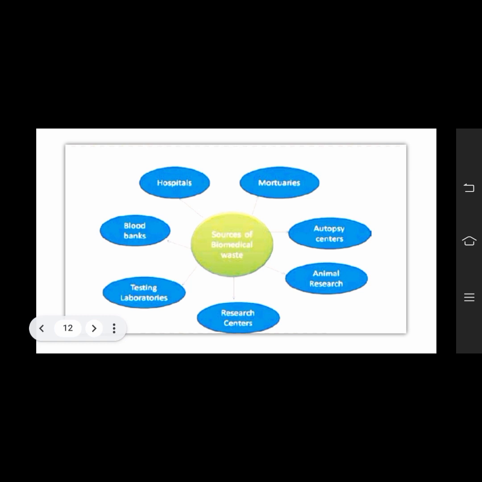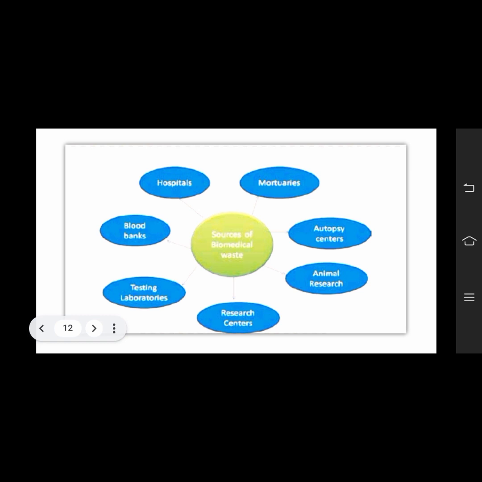Firstly from the hospitals or the hospital waste, then from mortuaries. Mortuaries means those where dead bodies have been incinerated or burned up. Then autopsy centers, then animal research, where always more waste will be generated.